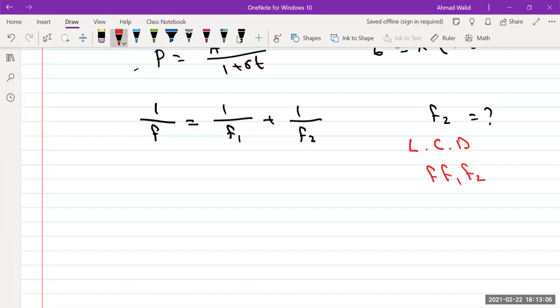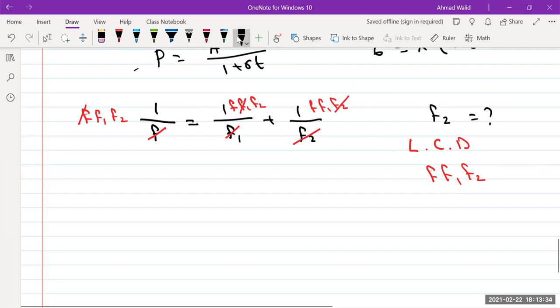Now, I will multiply here by F1 F2, here by F1 F2, and here by F1 F2. Here F cancels out with F. Here F1 cancels out with F1. Here F2 cancels out with F2.